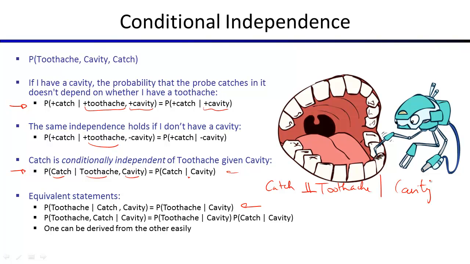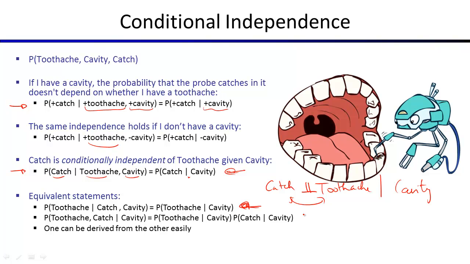When that's true, we can also swap the roles. If you look at this equation versus this equation, we swap the roles of these two. These occupy symmetric positions really. It's really the fact that cavity is making them independent. The cavity is making catch and toothache independent. So you can write it just as well this way. The probability of a toothache given catch and cavity is the same as the probability of toothache given just the knowledge that there is a cavity or not.